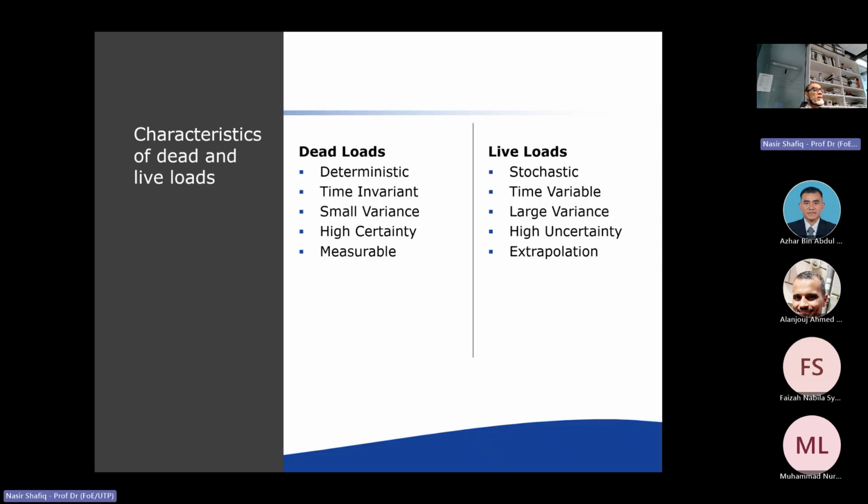As I say, the loads are fixed load, which is dead load, and live load, which is variable, right? Which is not fixed. So dead loads are deterministic, meaning you know the physical properties and physical condition, which is volume, right? You can measure, you know the density.